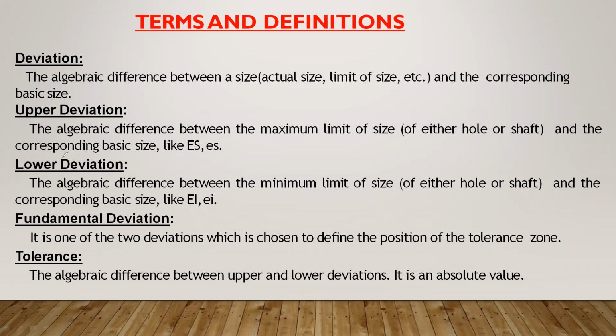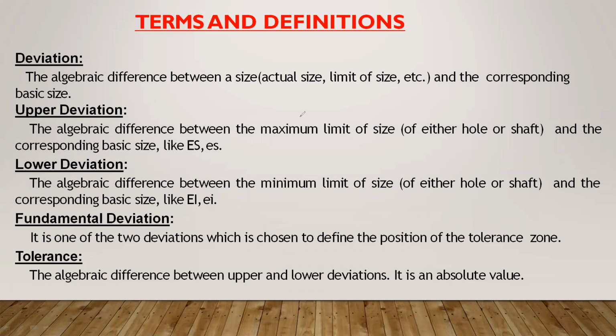Next one is the lower deviation. It is the algebraic difference between the minimum limits of size. That can be seen for both the mating parts, that is, the hole and the shaft.